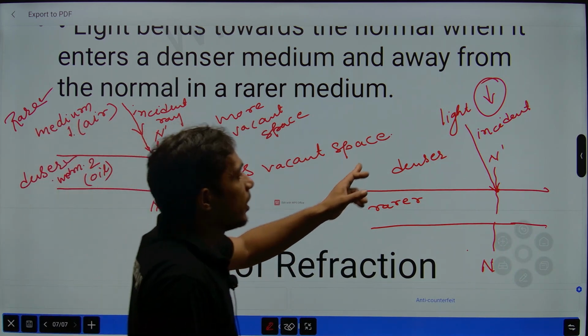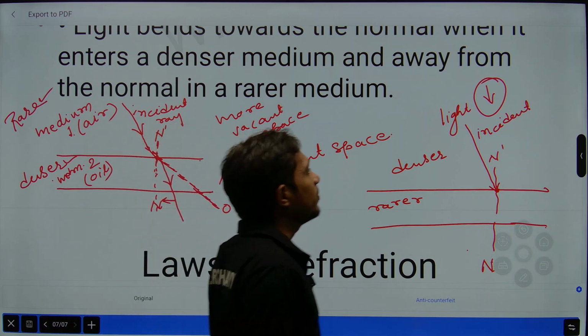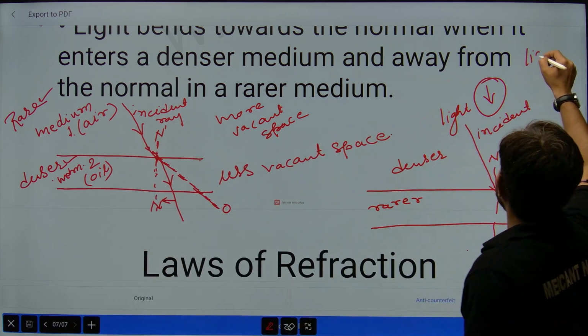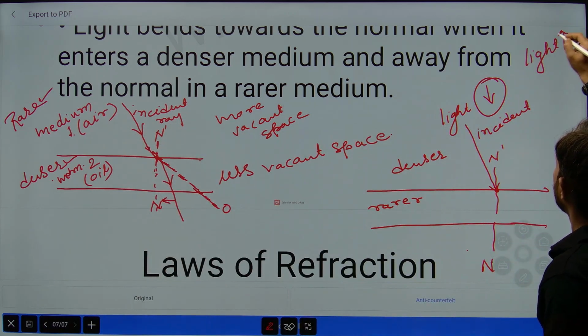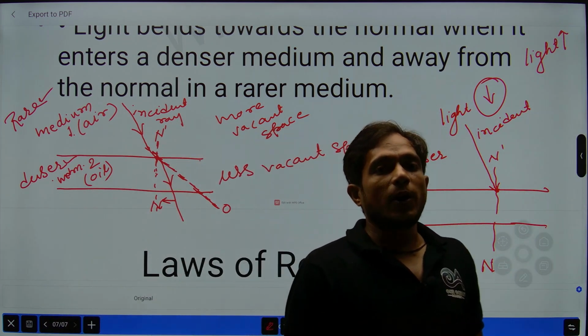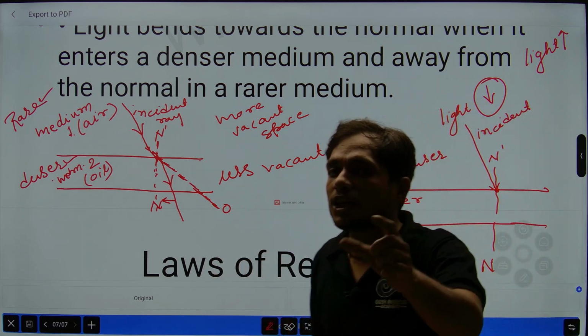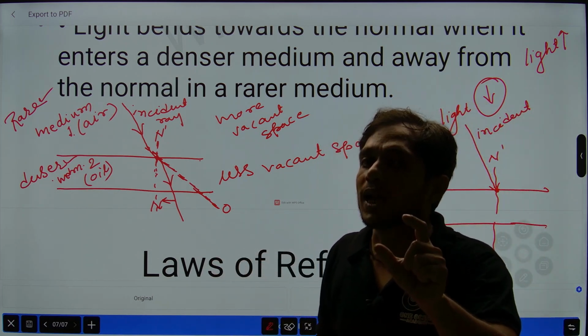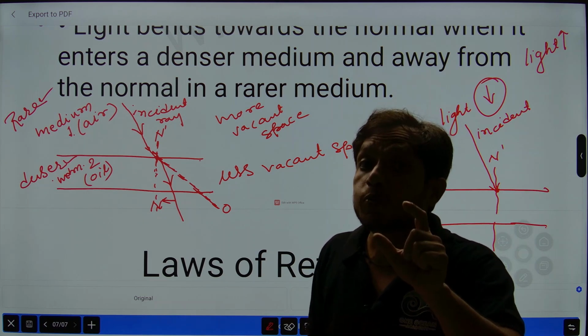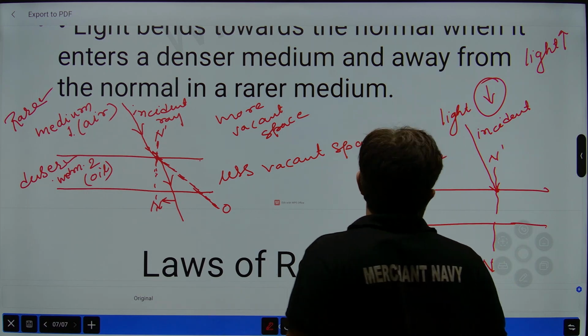So, when it comes from a denser medium and passes through the rarer medium, the speed of light will go on increasing. When it increases, this means the ray of light moves away from the normal.